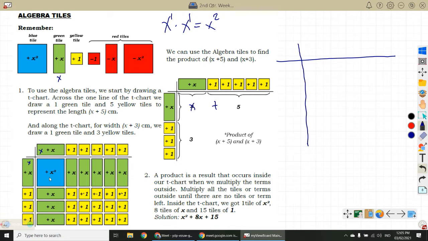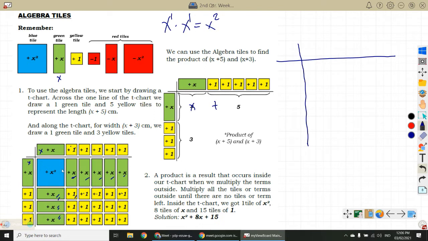And then this one, x times 1, is represented by x, and so on. The same with this one, x times 1, represented by x. And then we have 1 times 1. Parang multiplication table nga. So, 1 times 1 is positive 1, and so on.